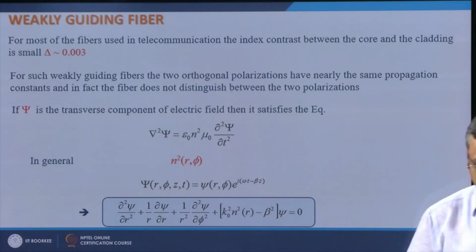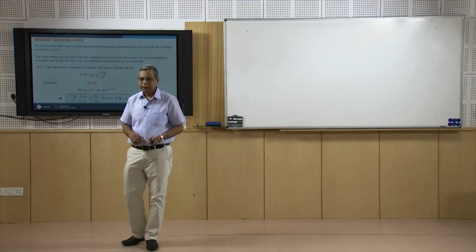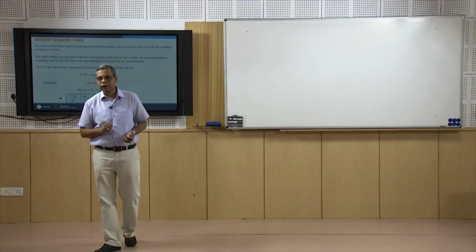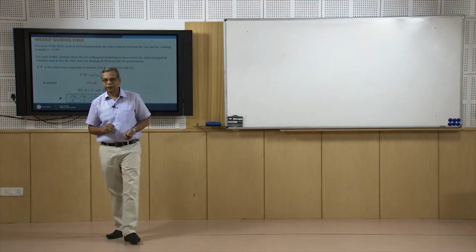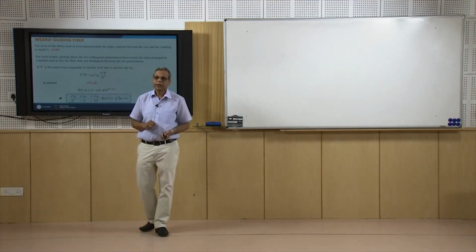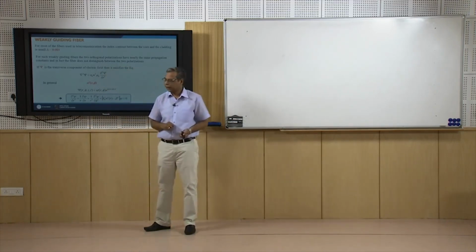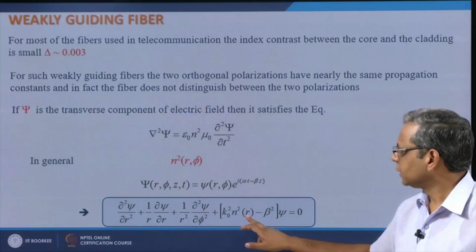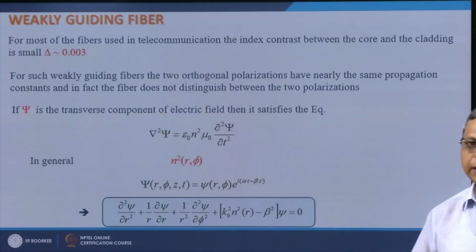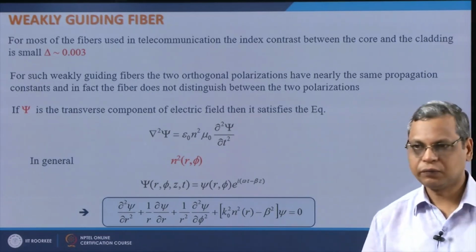In this course we will limit our discussion only to refractive index profiles which do not depend upon phi. So, we will consider only n square of r and not n square of r phi.